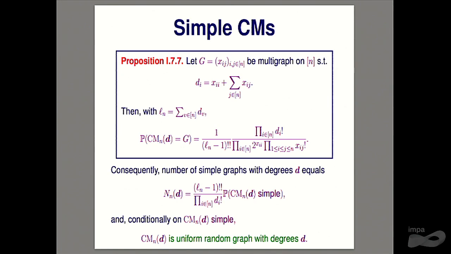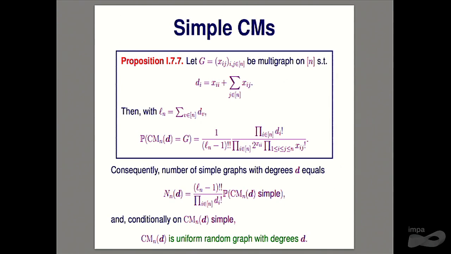Right? I mean, basically, this opens up the route of studying uniform random graphs with a given degree distribution by studying the configuration model. But if the probability of being simple is vanishingly small, extremely small, then this is going to be very difficult. And actually, that route becomes inaccessible. Now, as I'll explain a little bit later on, it turns out that the probability of being simple under reasonable assumptions is not that small.